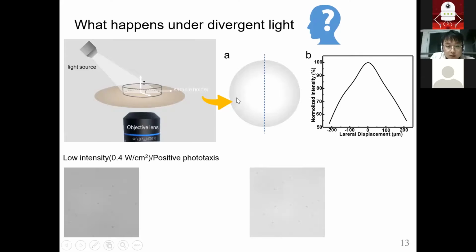You can see in this picture the diverging light spot from the top view, and the right picture is the intensity distribution from the beam center along the dashed line in this picture. We can see what happens.